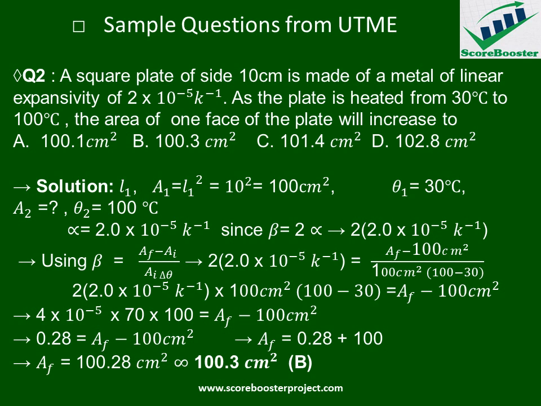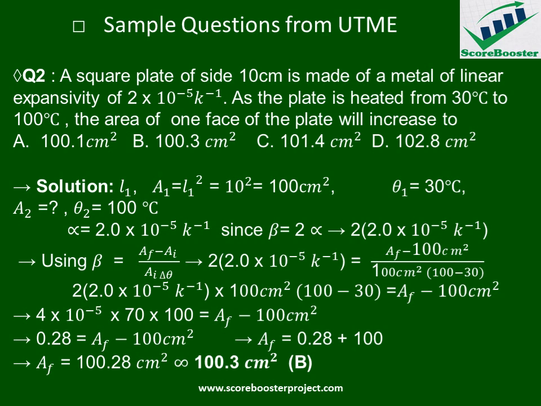Now on to the solution. The first step is to write out the given parameters as usual, and we are given the initial length Li, or L1, to be 10. From there we can calculate the area. Since they say it's a square, the area of a square is L square. So if L is 10, then its area will be 10 square, which is 100 centimeters square, making our initial area 100 centimeters square.